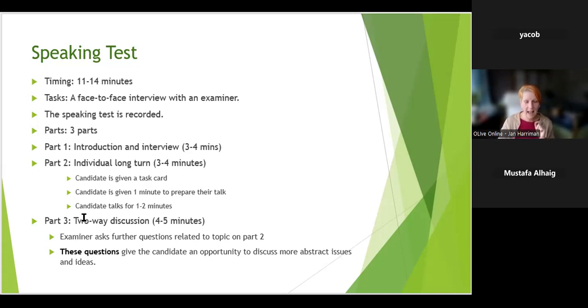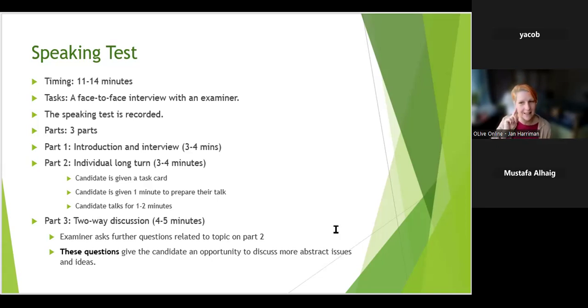All right. And on part 3, it's a two-way discussion. The examiner will ask further questions related to the topic in part 2. These questions are designed to extend, to give you the opportunity to show how good and how wide your grammar and vocabulary are. And you'll see that in the recordings.